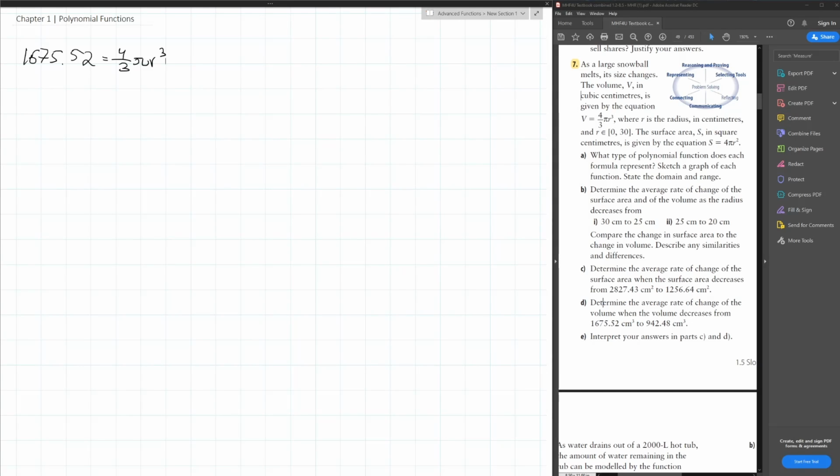If it's around 400, r cubed, let's try some values. 7 cubed, again, it's just a random number, is 343. That's pretty close. 8 cubed is 512, so it's between 7 and another value, 7.5.